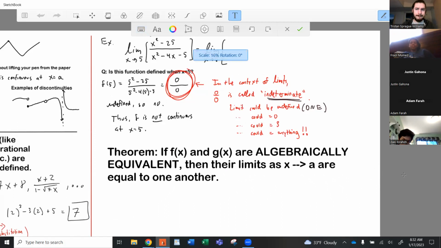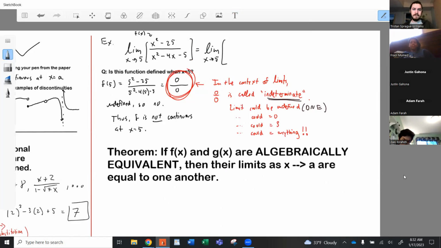So if you take the expression that describes a function and you manipulate it algebraically, and they're algebraically equivalent to each other, the limit value stays the same.